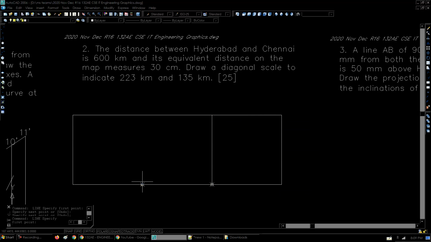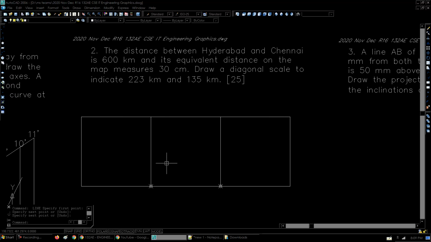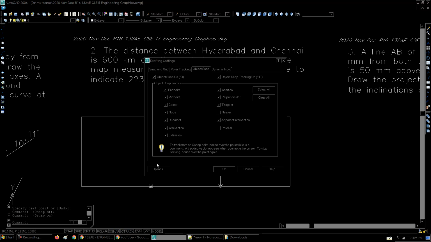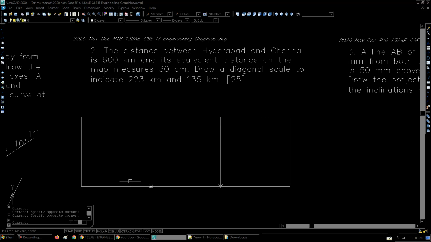Of course, all these you can do with the drafter, for those doing manual drafting, and for those using AutoCAD, the line command is straight away available. Please ensure that the object snap setting is on, and in the settings perpendicular and all other such options are active.